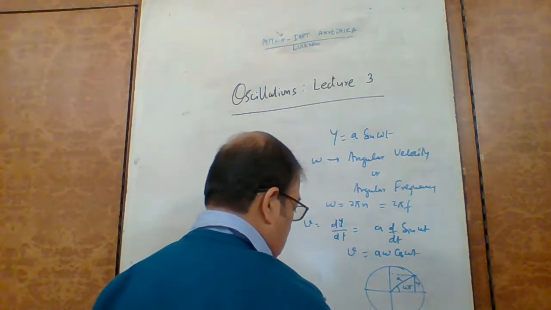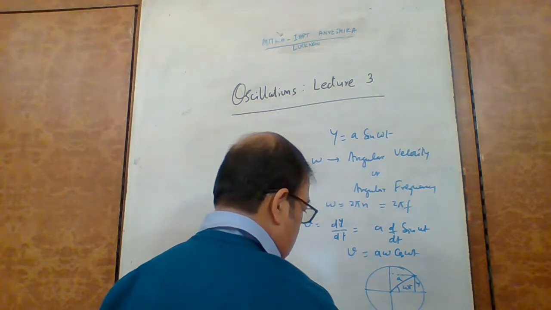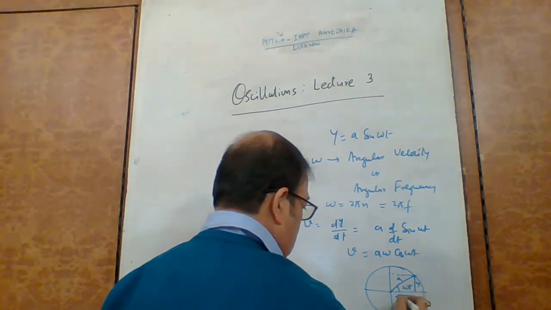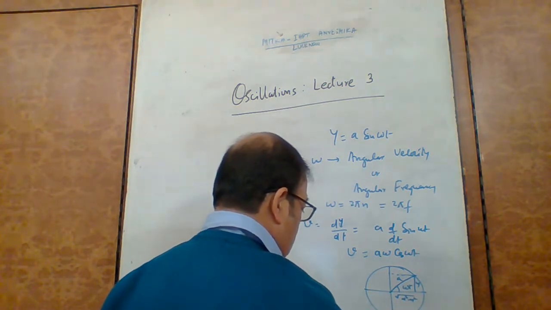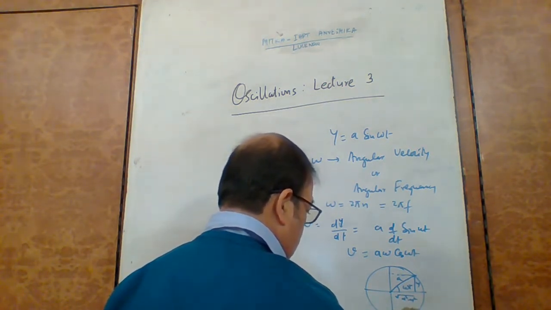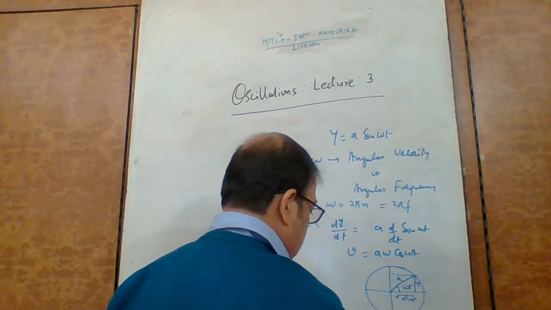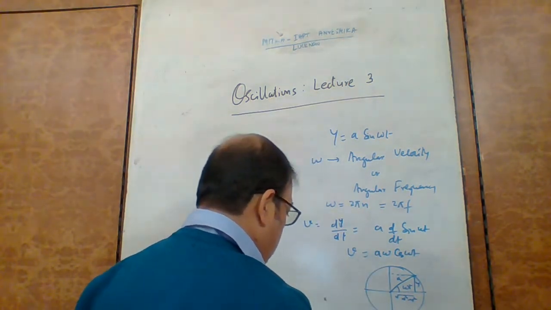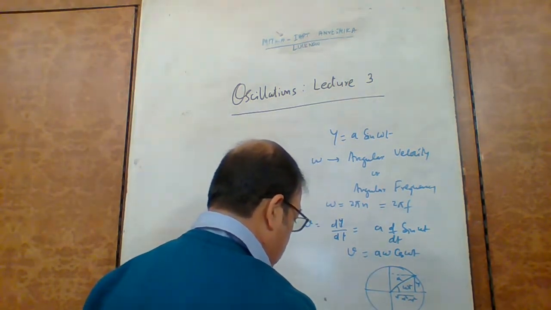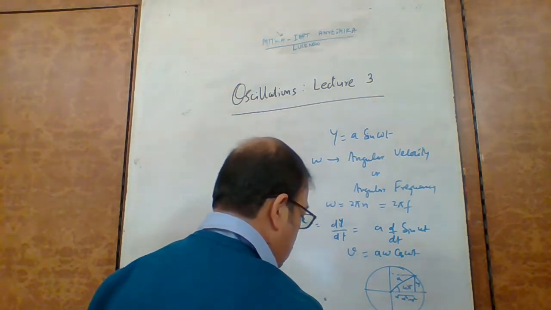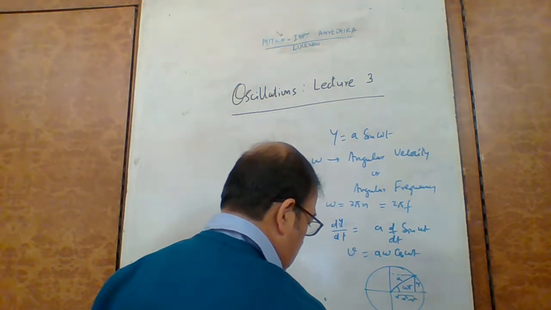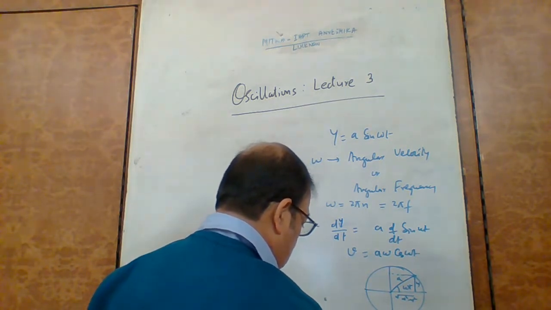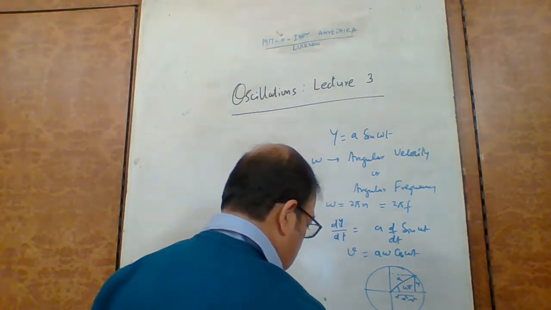Therefore cos omega t is equal to under root a square minus y square upon a. That means v is equal to a omega into under root a square minus y square upon a. The a cancels out, and we have omega under root a square minus y square.